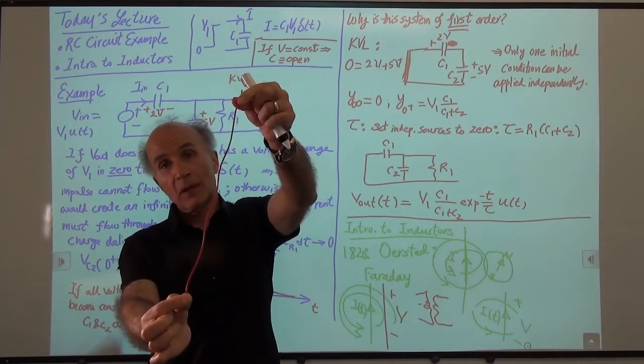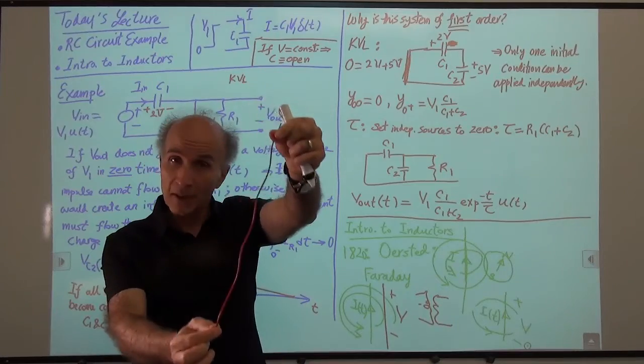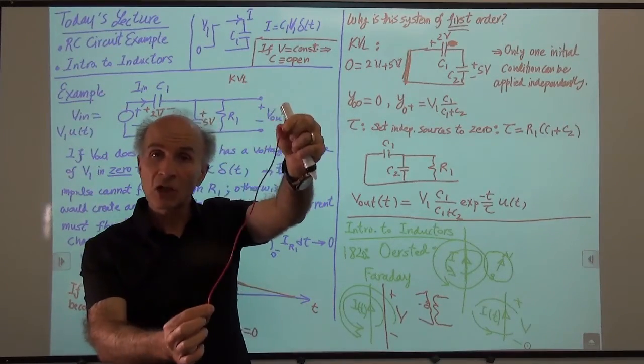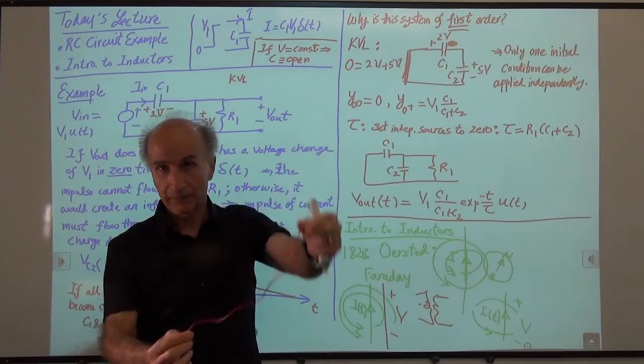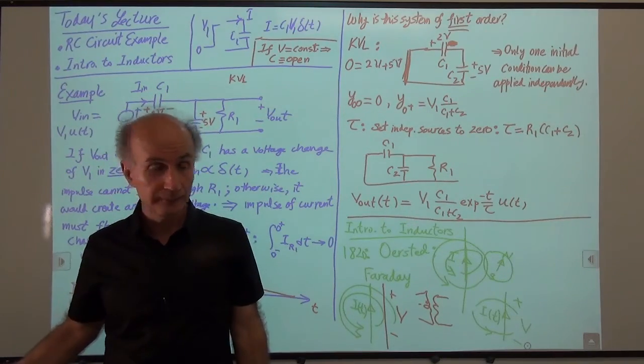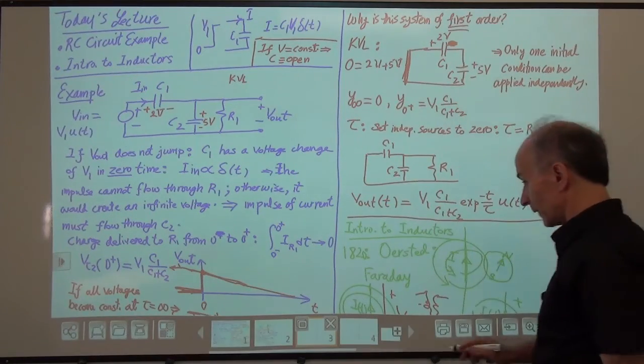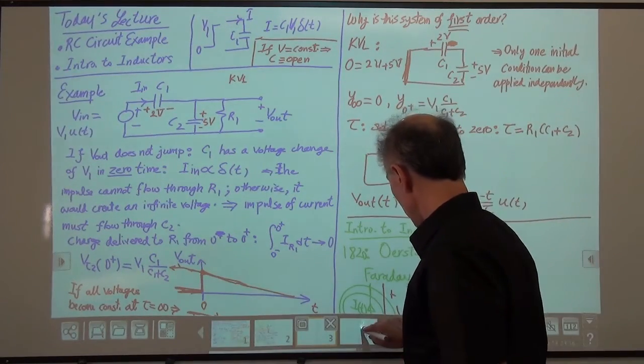So even though this piece of wire doesn't look like an inductor, it is actually an inductor as far as the time varying current is concerned. And that's what we want to study now. Okay, so let's go ahead and go to the next page here.